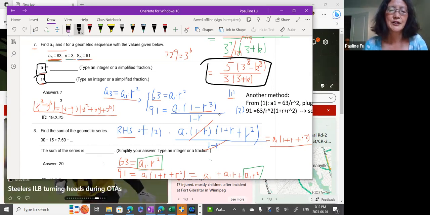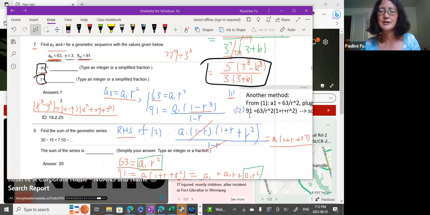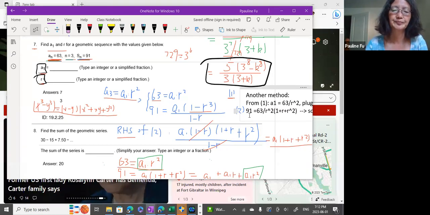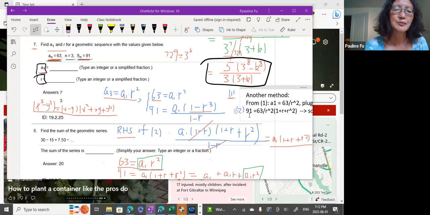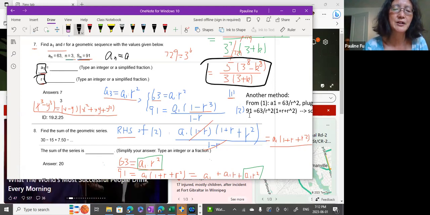To solve for this question, we are going to use 2 formulas. One formula based on AN. So remember what is AN for geometric sequence. AN equal to A1 times R raised to power N minus 1.